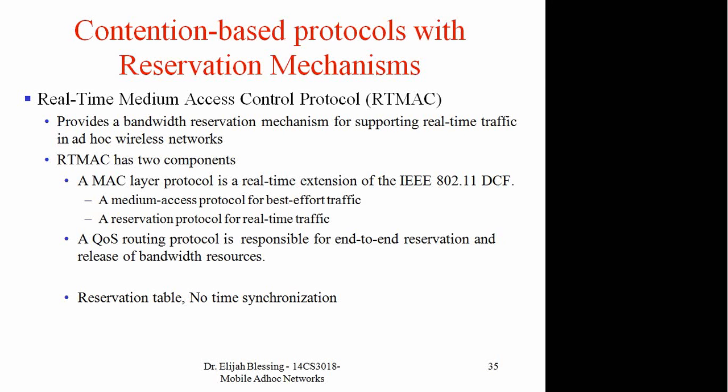It also provides a bandwidth reservation mechanism for supporting real-time traffic. It has two components: a MAC layer protocol, which is an extension of IEEE 802.11, and a QoS routing protocol. Basically, it takes care of end-to-end reservation by looking at the bandwidth components. It also maintains a reservation table.